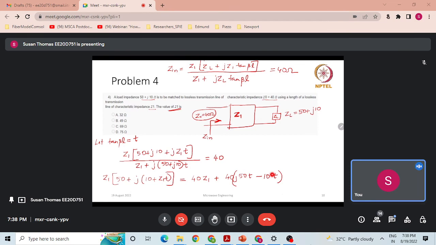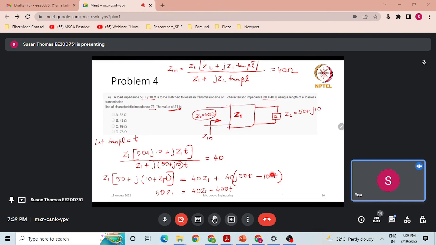Now try to equate the real parts. What do we get? So this is the real part. 50 into Z1 is equal to 40 into Z1 minus 400 into T. Okay.